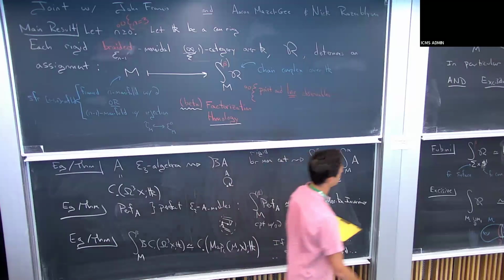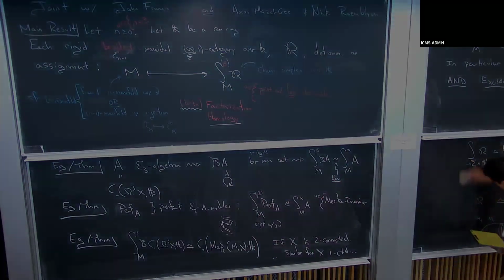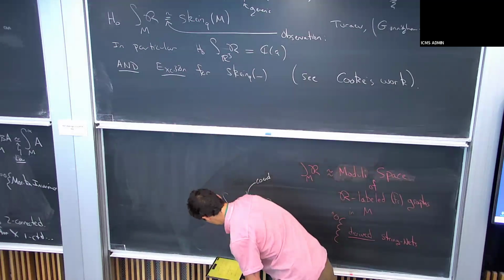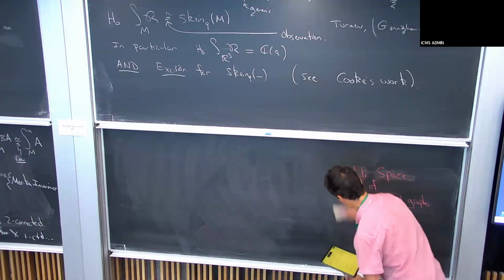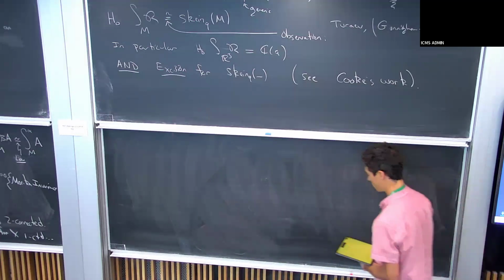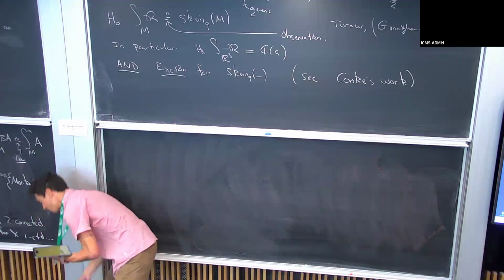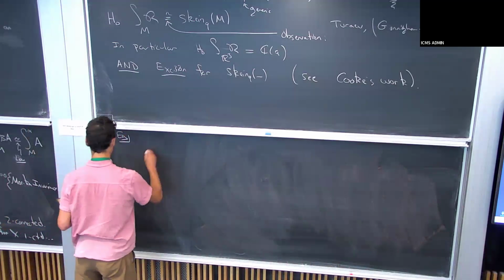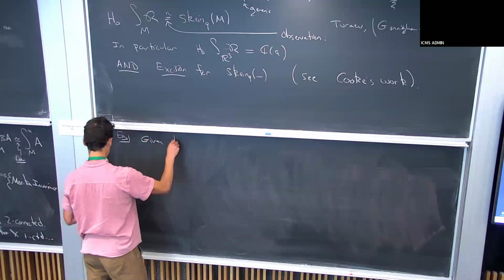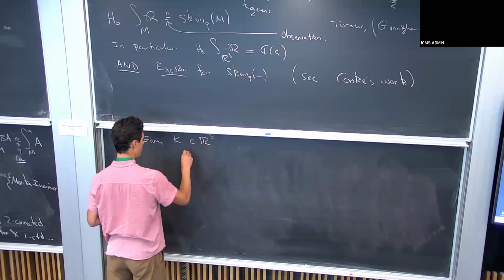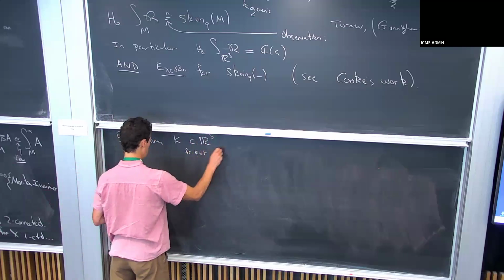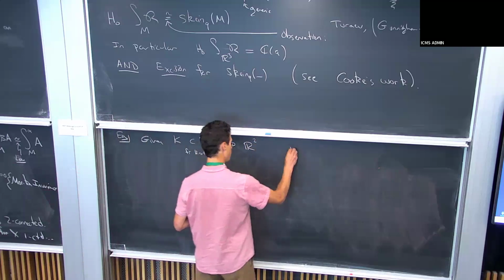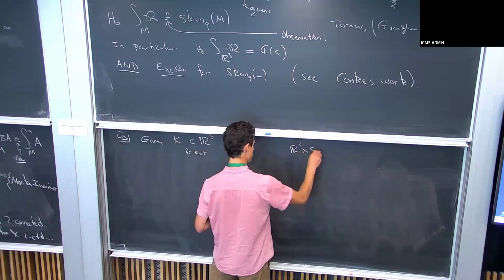Given a framed knot K in R^3, that determines a zigzag of maps like this.